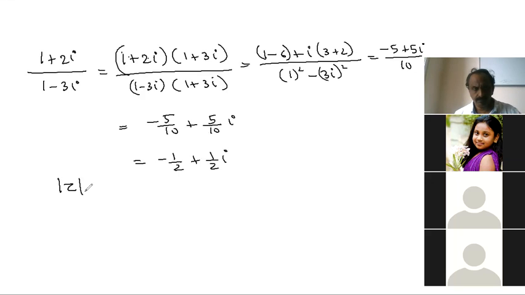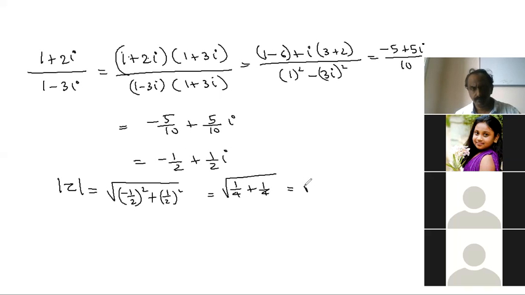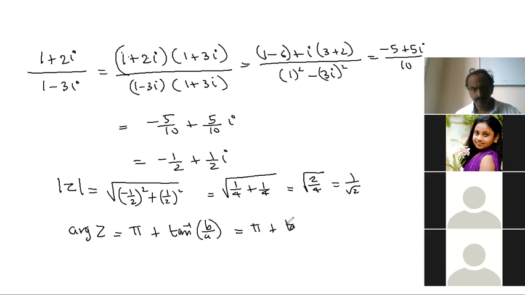Calculate the modulus. The modulus is again going to be 1 by root 2. Then calculate the argument. Second quadrant.